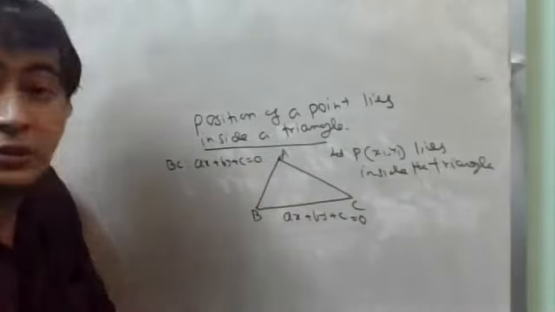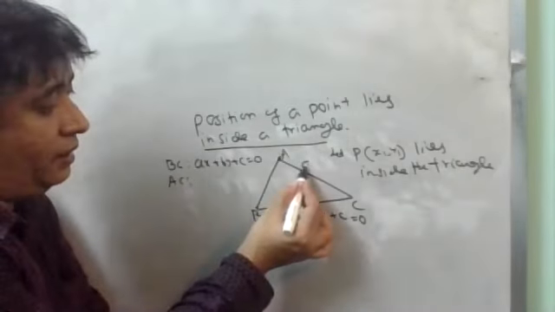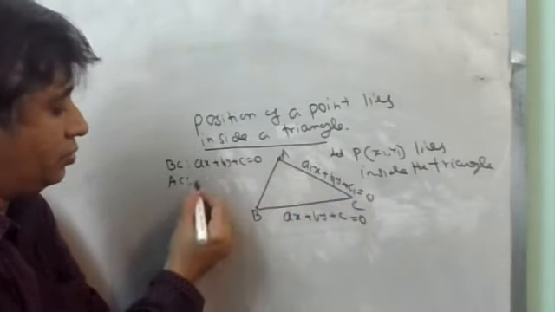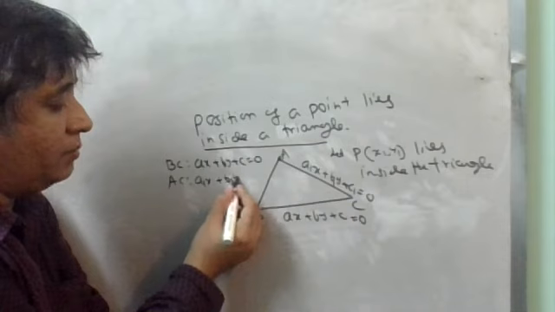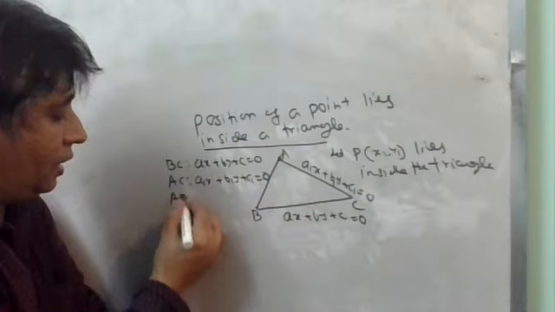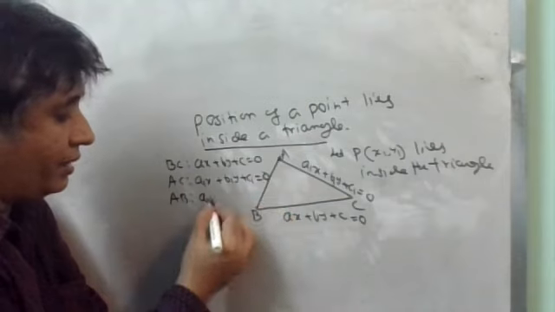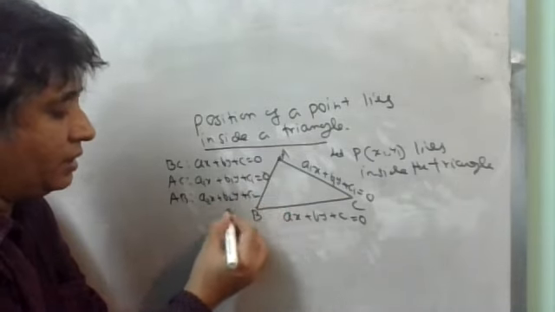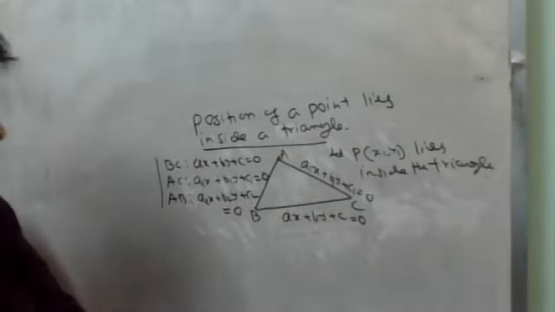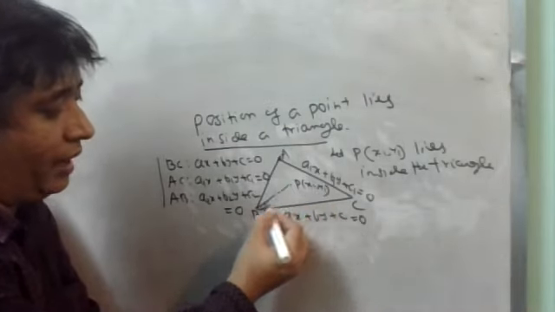Three straight lines are given. The equation of the straight lines: AC is given a1x plus b1y plus c1 is equal to 0. And AB is a2x plus b2y plus c2 is equal to 0. So the equations of the three lines are given, and the point lies inside the triangle.